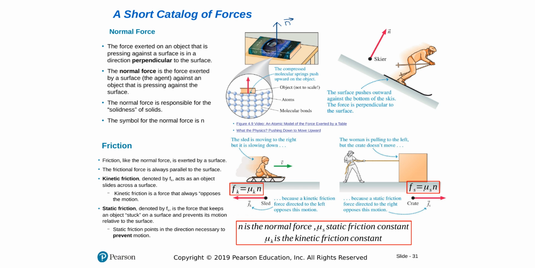If we are on an inclined plane, the normal force again will be perpendicular to the surface. So here our skier has a weight down, right?